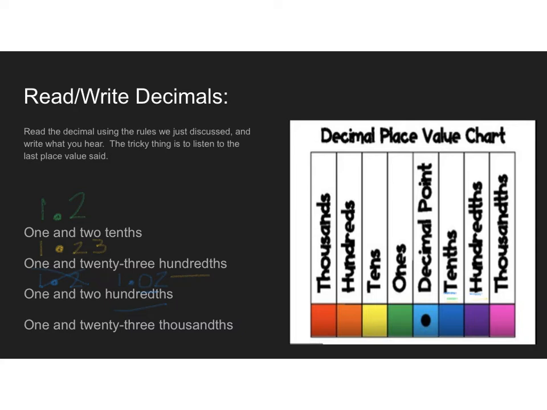So this one says 1 and decimal point 23 thousandths. So again, this one I would want to write 23 thousandths. Now I have 2 digits after the decimal, and I'm going to look over here and make sure that thousandths is 2 places after the decimal. So I see tenths and hundredths, and that's not correct.